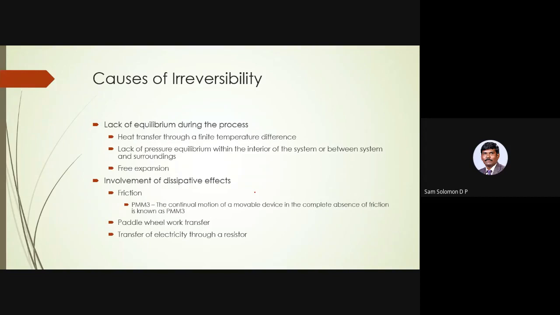When you remove the compartmentalization, or when you remove the diaphragm or the membrane, whatever you call it, there is a free expansion. It just expands freely.